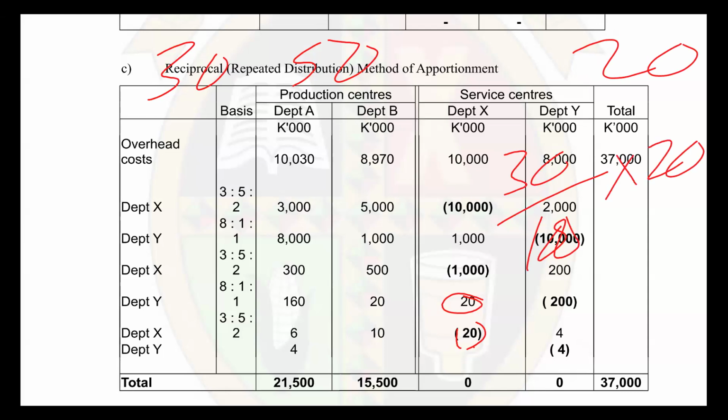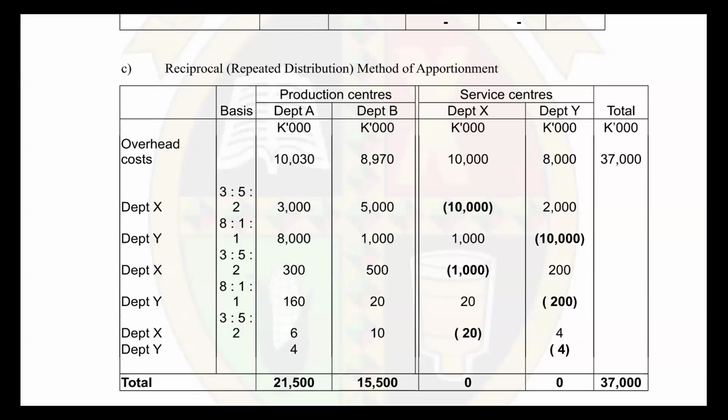That should give you 6. Then you say 50% over 100 times 20, that is just 10. And then 20% over 100 times 20 gives us 4, just 4. That 4 goes to Y.